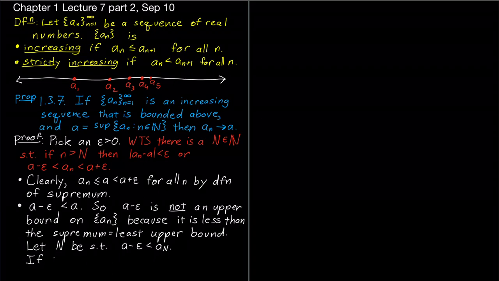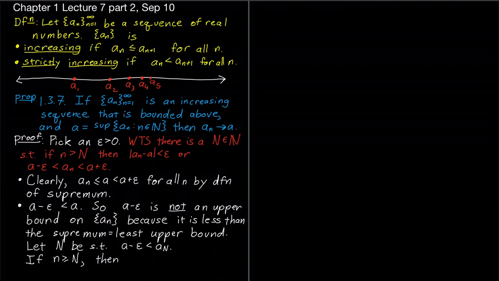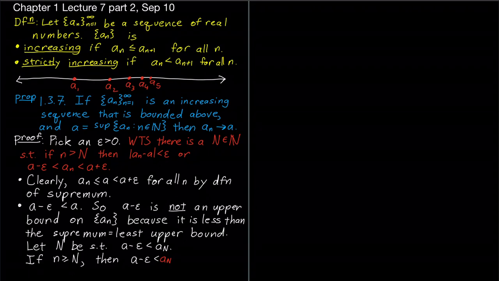Then if n is bigger than or equal to capital N, then a minus epsilon is less than an, and it's a pretty straightforward induction argument. I'm not going to go through the details to show that it's not just the next one that's bigger, it's all the ones that are after that are bigger too.